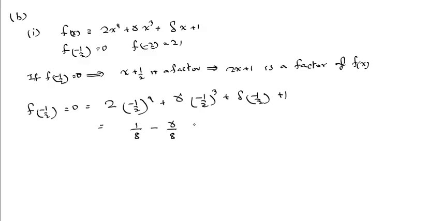Plus 1, so multiply the top by 4, minus 4 delta over 8, plus 8 over 8 equals 0. Multiply everything by 8, and you will get 0 equals 1 minus gamma minus 4 delta plus 8. This should be minus actually.